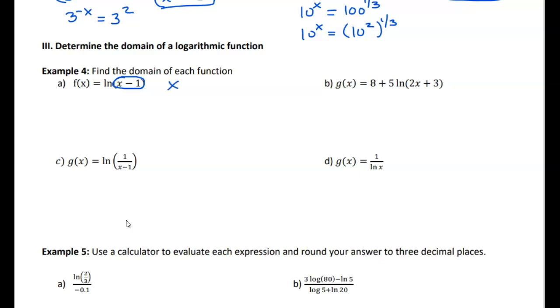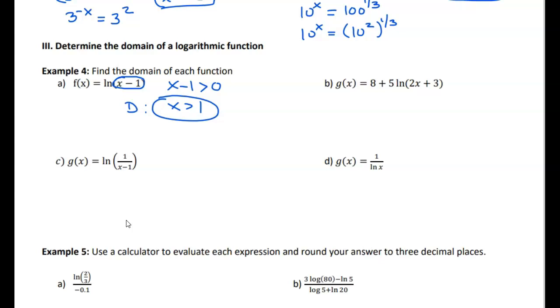So you need to take the argument of the log, set it bigger than 0, and then solve. So we have x is bigger than 1. So the domain is all the values of x that are bigger than 1. Those are the only ones you can plug in to evaluate. If you plug in 1 or lower, you're going to get a domain error in your calculator.